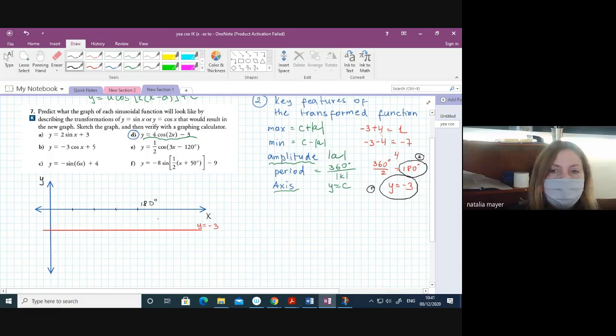Now, it's worth at this point to remember how the parent function looks like. Why do we have 4? It's just 90 and 180. Just a second. So let's remember how the parent function of cosine looks.